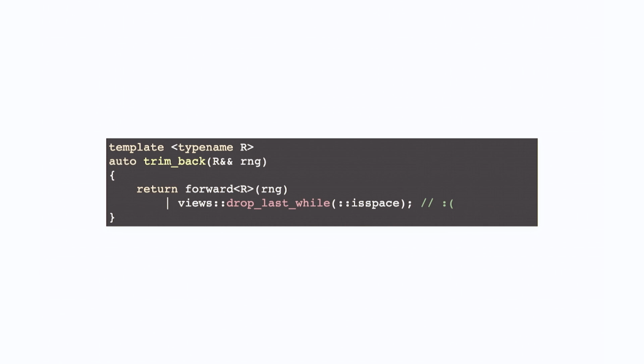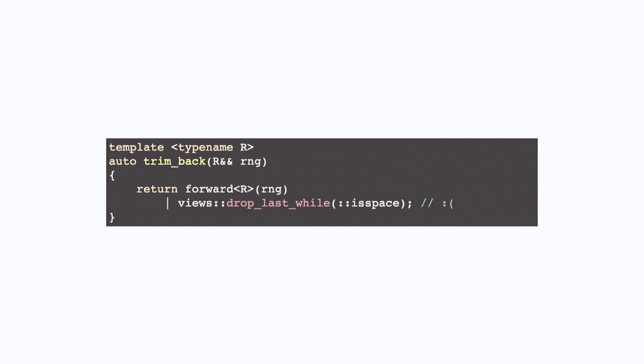Because let's think about what we need to do. We want to drop elements from the back of our range, right? Just as we were doing before from the front, now we want to do it from the back. So what we can do is reverse our range, drop elements from what is now the front, and then reverse our range again.